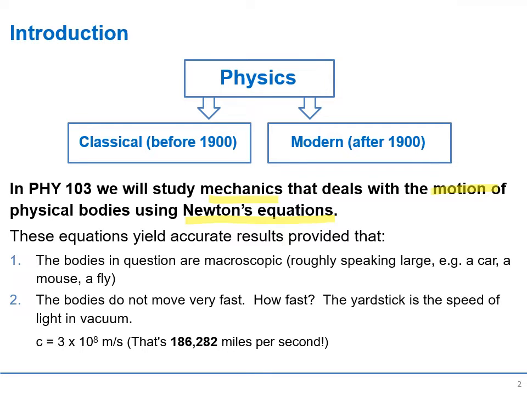These equations give us accurate results provided that the bodies in question are macroscopic in nature. Macroscopic means which we can generally see with the naked eye, for example objects like a car, mouse, or fly.